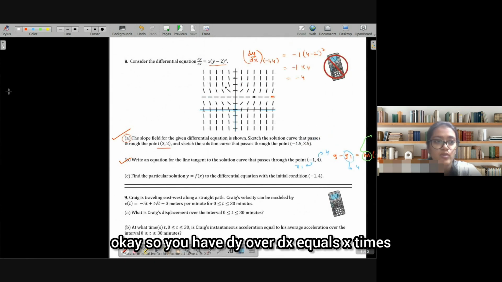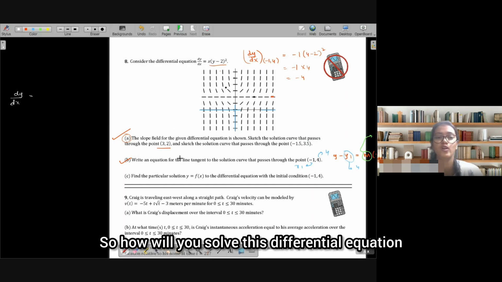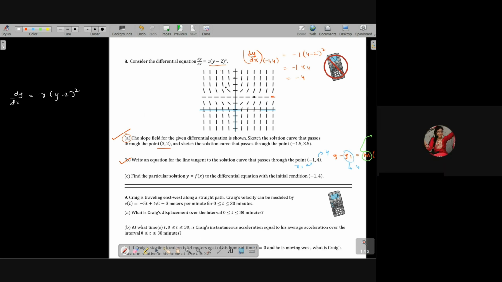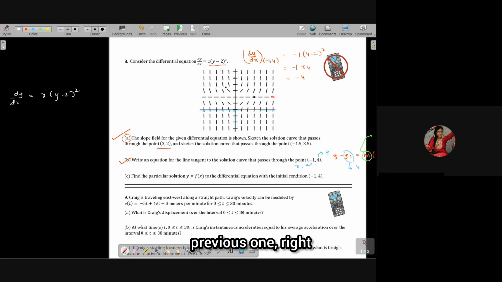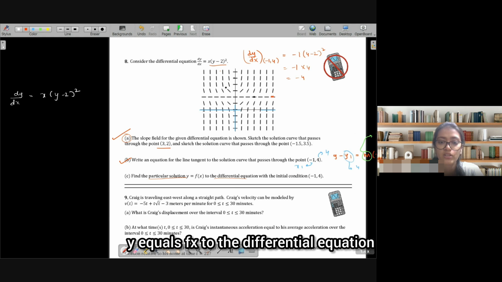So you have dy over dx equals x times (y minus 2) whole square. So how will you solve this differential equation? We have to find the particular solution y equals f(x) to the differential equation.